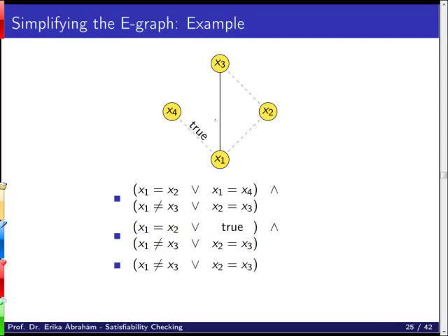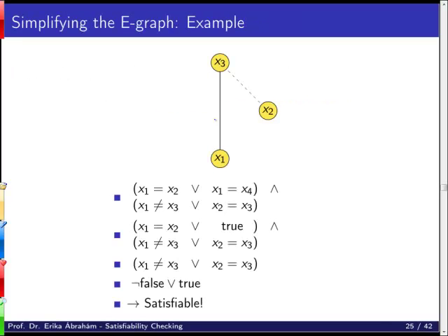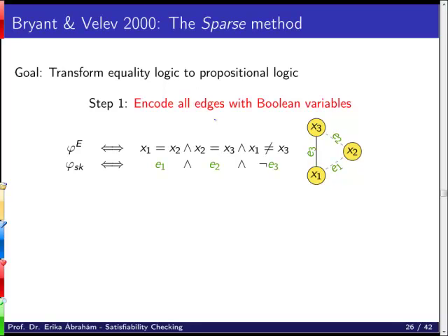Okay. So assume we have only formulas that are reduced this way, so the equality graph contains only contradictory cycles. Now we look at how we handle these formulas. We transformed the equality logic to propositional logic by encoding all edges in the reduced equality graph with Boolean variables.